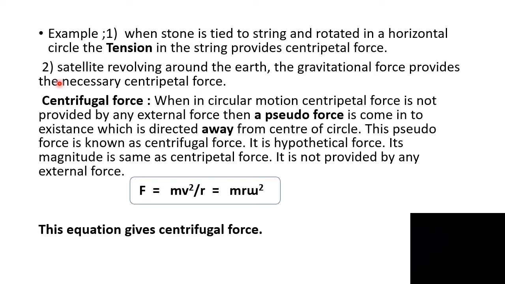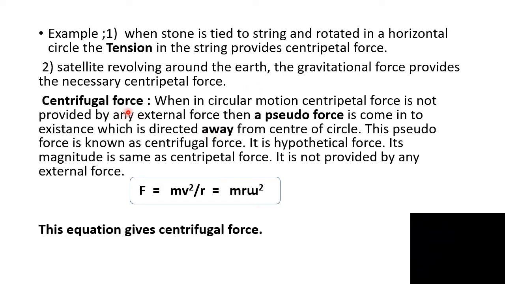Second example, a satellite revolving around the earth. The gravitational force of earth acting on the satellite provides the necessary centripetal force. So here gravitational force is the external force which provides the necessary centripetal force. So in general, for any circular motion, some external force provides the necessary centripetal force.